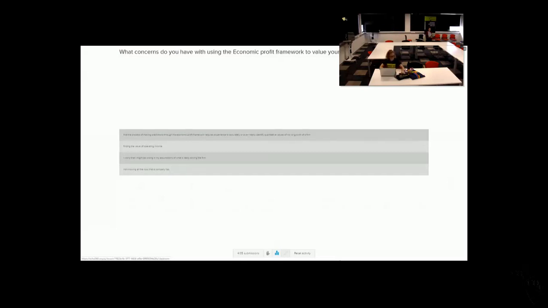So that's sort of related to the first comment, I think. I worry that I might be wrong in my assumptions of what is really driving the firm. I have that same worry. And finding the value of operating income. So that's our 4 comments. That's very good. Just keep them coming in.